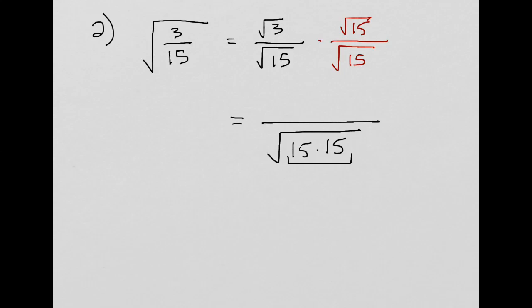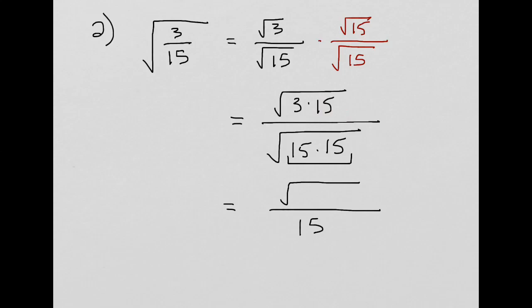On the top, what I would have is the square root of 3 times 15. So if we simplify this, again, the bottom just becomes 15, because for every square, the square root sort of undoes that, so I'm just left with the 15. On the top, I'm left with, well, 15, notice, does factor. 15 really factors into 3 times 5.